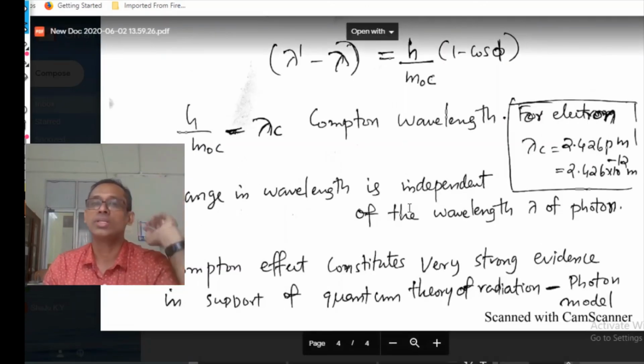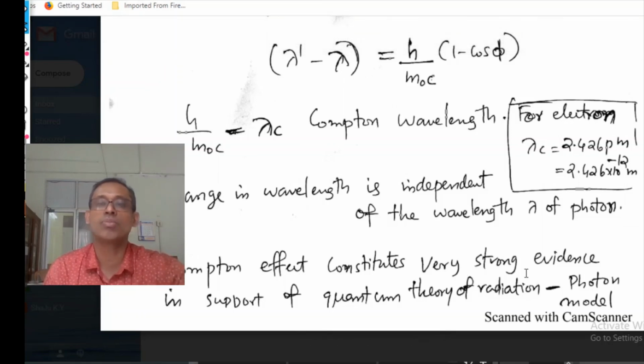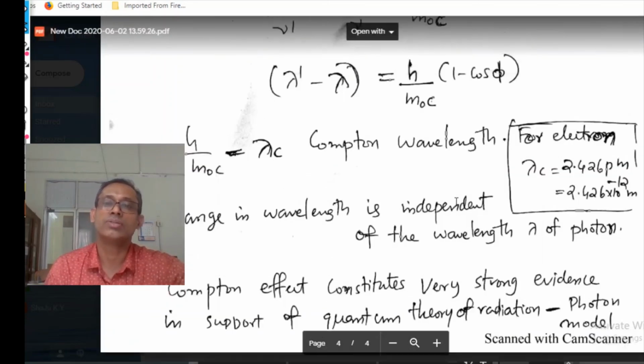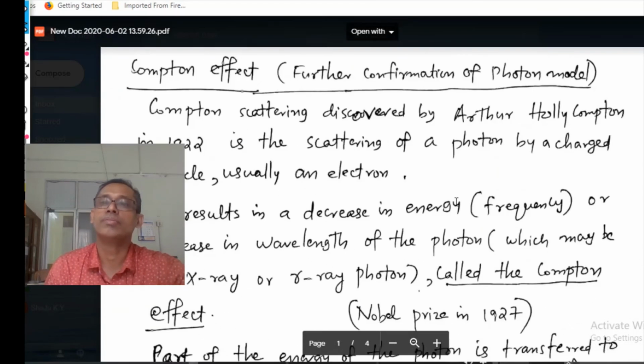And the importance of the Compton effect is that it constitutes a very strong evidence in support of the quantum theory of radiation, or the photon model of electromagnetic radiation. That's why in the beginning we said it gives a further confirmation of the photon model.